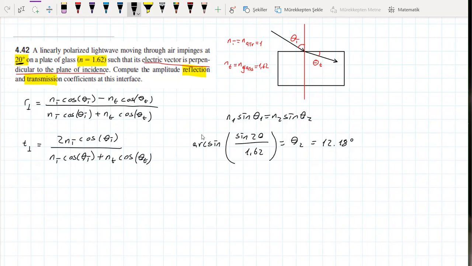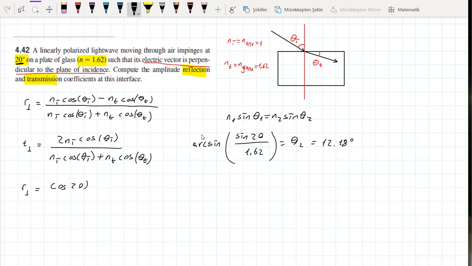Now I will only put everything into its place in the formulas and calculate. For that, I will again write the reflection and transmission coefficients. N incident is 1, so I will not write that one.